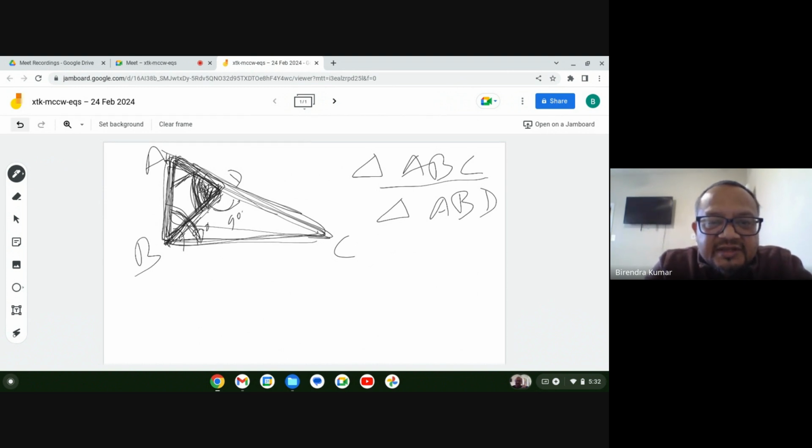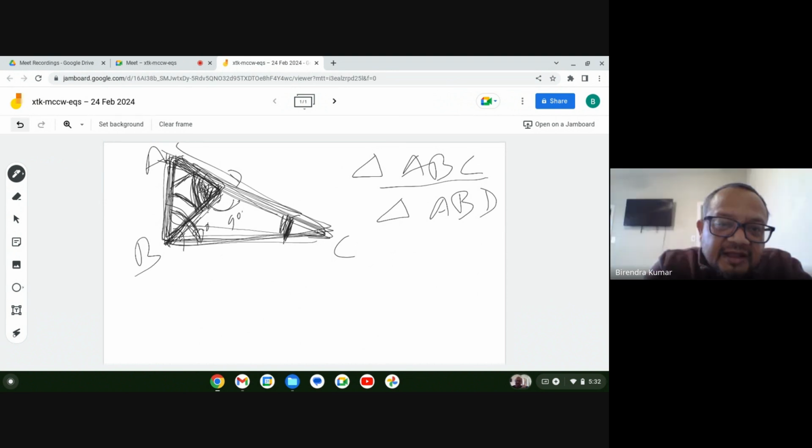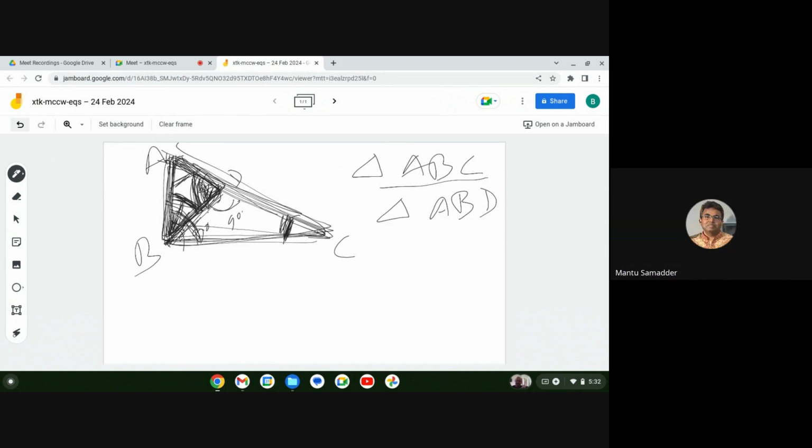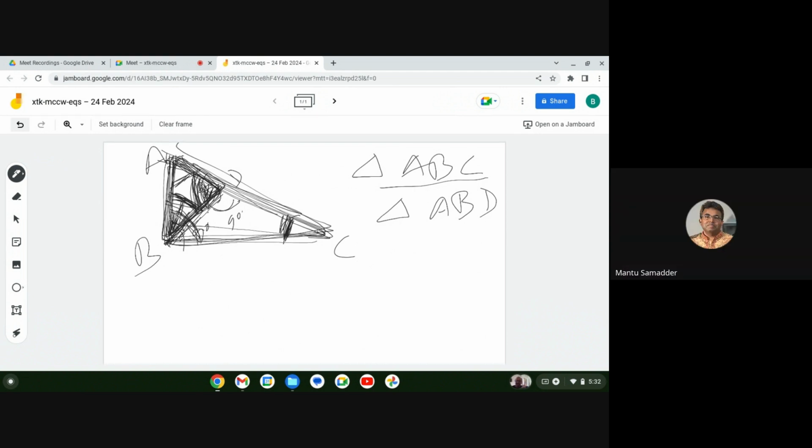What is remaining is this angle in ABC, meaning ACB, the one in the corner in the larger triangle, and the angle in the smaller triangle ABD, the one at the top here. These two angles will also match, isn't it? Why?